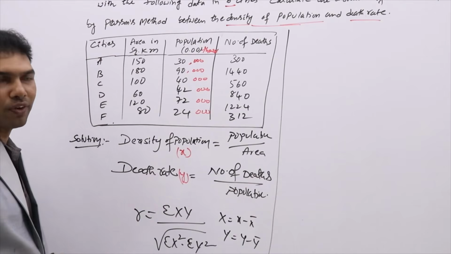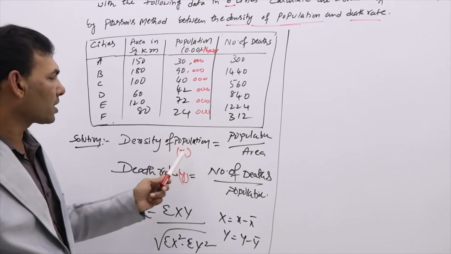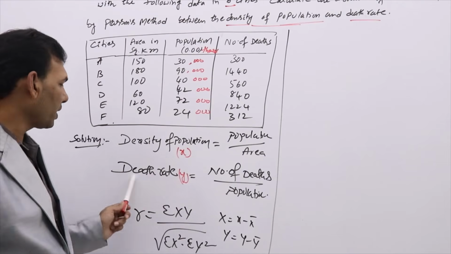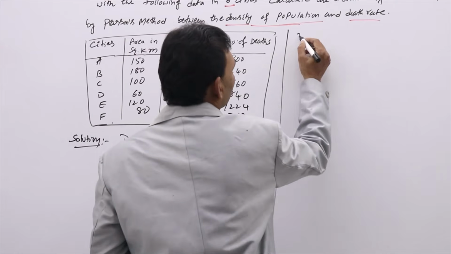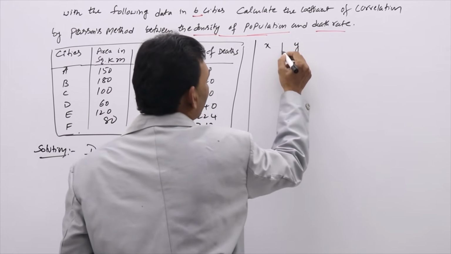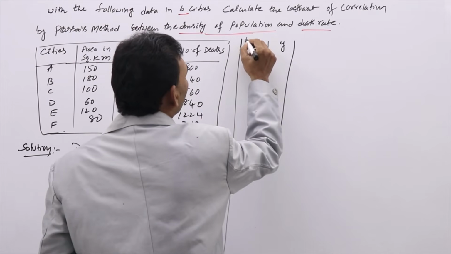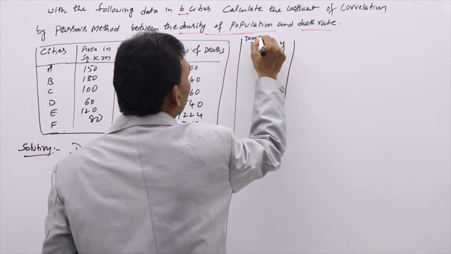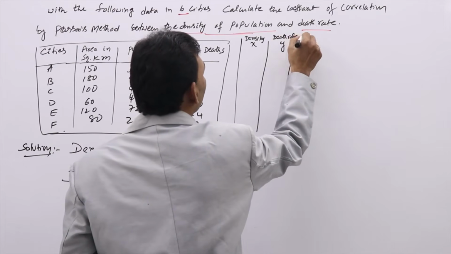So these we need to find. Here small x is density of population, small y is death rate. So simply we can assume this one as density, this one as death rate.